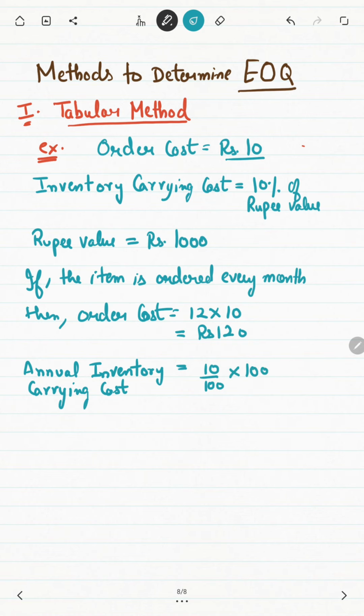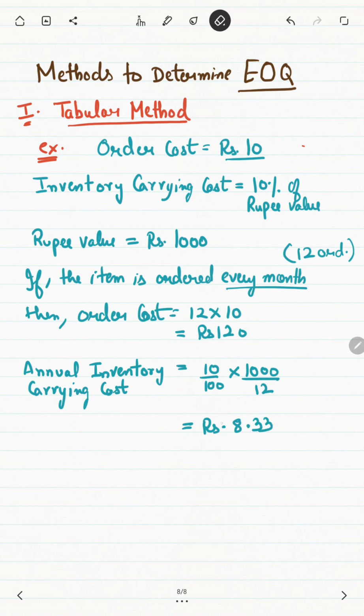Rupee value is rupees 1000. So if the order is placed every month, a total of 12 orders will be placed. So 1000 divided by the number of orders placed, roughly it would be around rupees 8, or we can say 8.33. So it is around rupees 8.33.